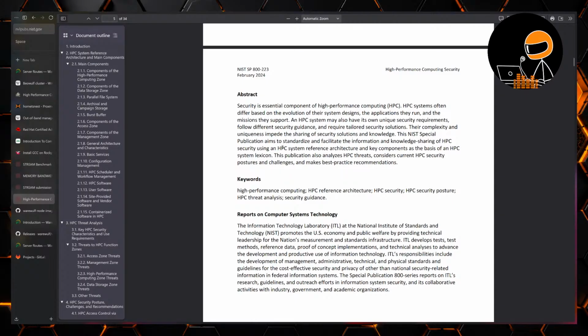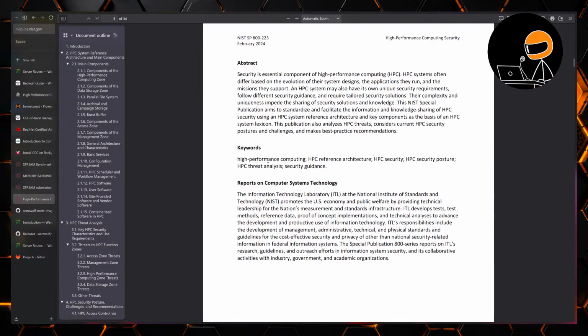This special publication aims to standardize and facilitate the information and knowledge sharing of HPC security using an HPC system reference architecture and key components as the basis of an HPC system lexicon. The publication also analyzes HPC threats, considers current HPC security postures and challenges, and makes best practice recommendations. Posture threat analysis. Okay.